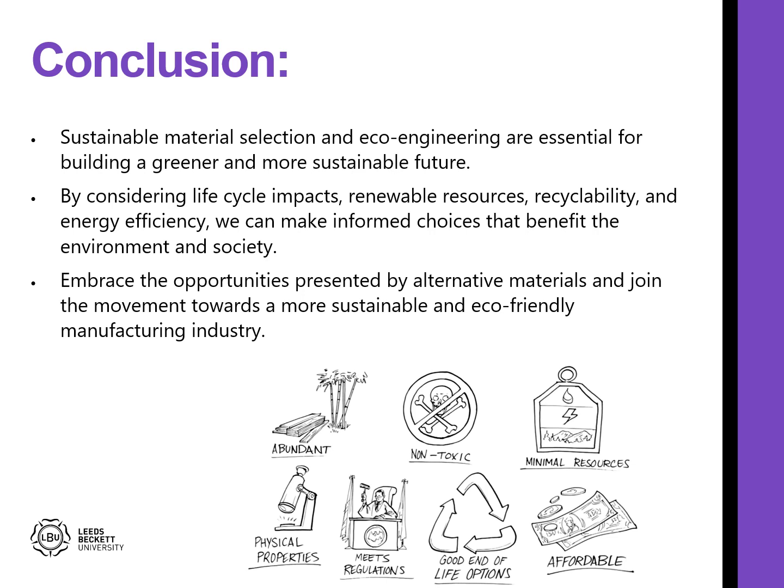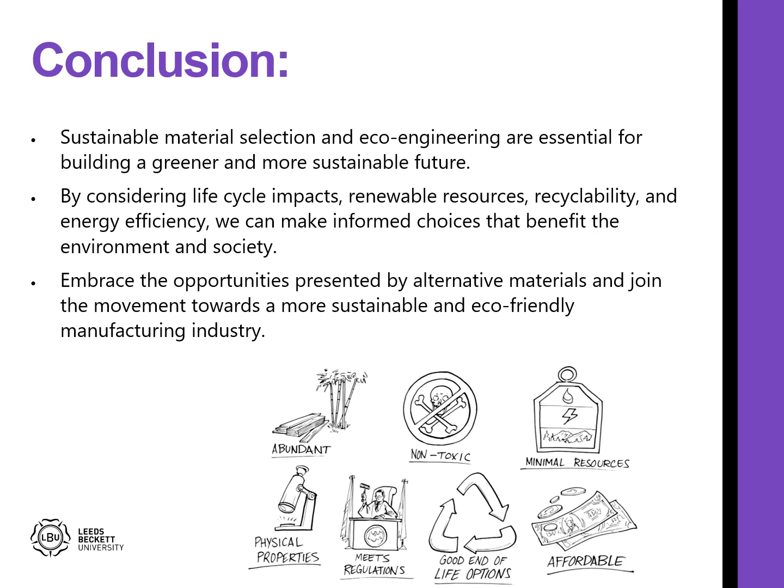So, conclusion: sustainable material selection and eco-engineering are essential for building a greener environment. We know that companies now have a much greener attitude towards what they're producing. They know it's good for their business model. Companies are also looking at the way their brand is being seen. Customers want to see green companies looking at sustainability.